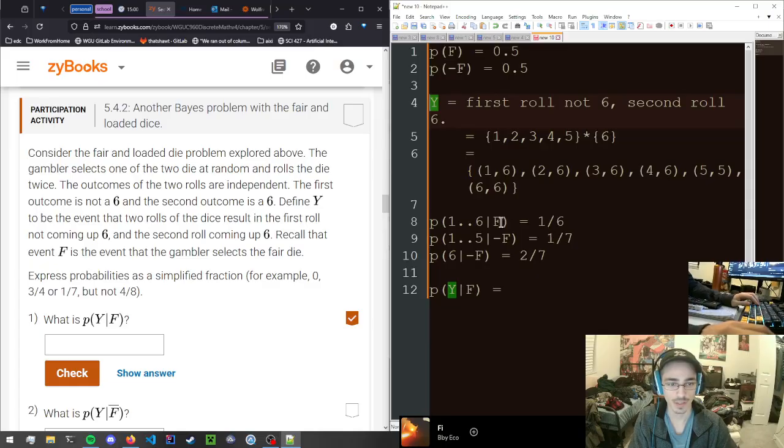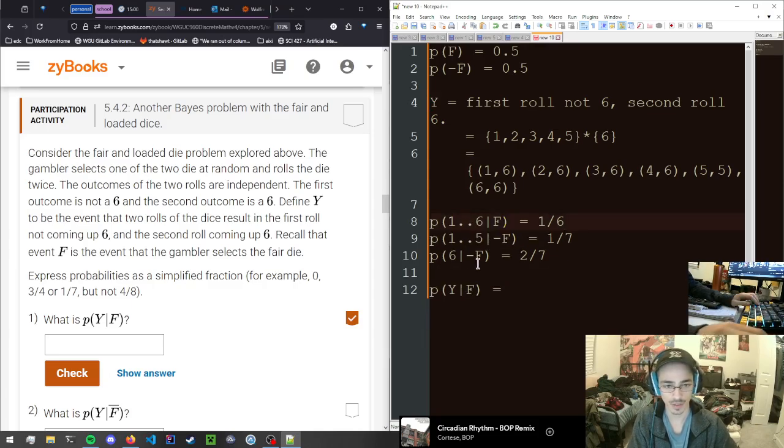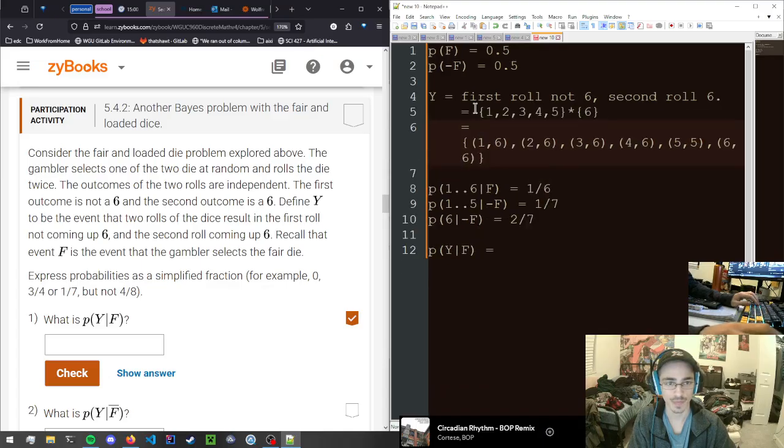We can condition this on it being fair or not fair, right? And they get different probabilities. So there's 2 different distributions based off what you condition it on. These are for individual rolls, and we can construct it for this event by just multiplying the 2 rolls because they are independent.